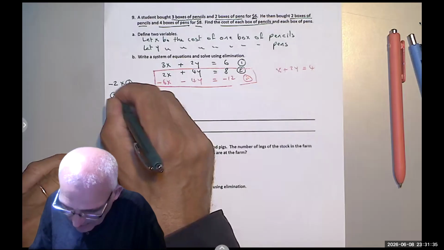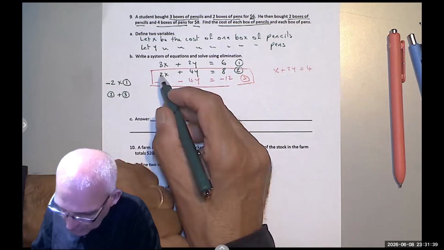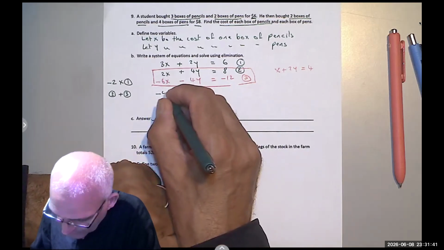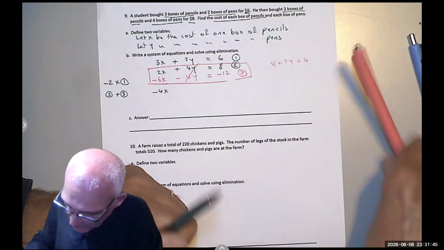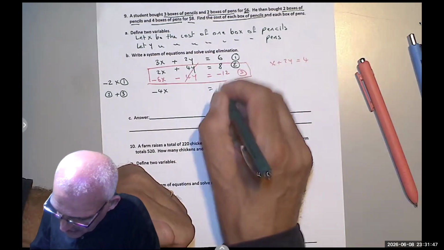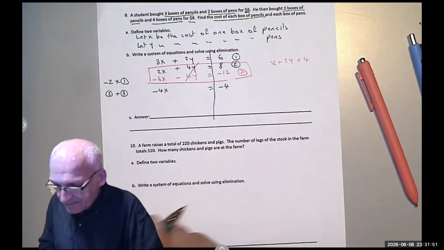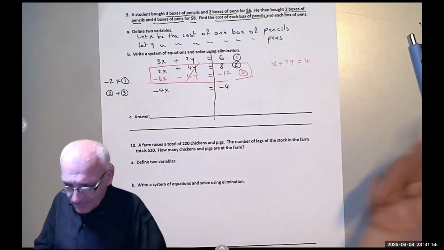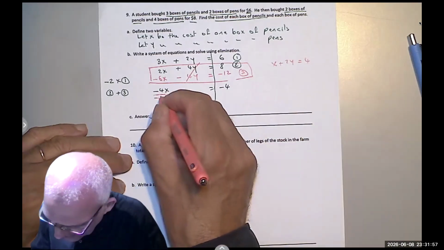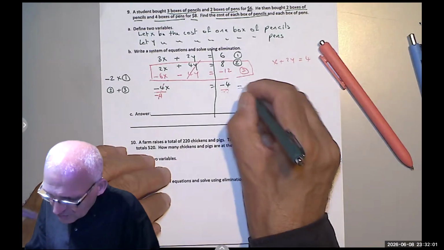So equation number 2 plus equation number 3 gives 2 minus 6 is negative 4X. 4Y minus 4Y is 0. And 8 minus 12 is negative 4. Wow. Negative 4X is negative 4, so X is 1, right? I'm going to divide left and right by negative 4, and I get X equals 1.